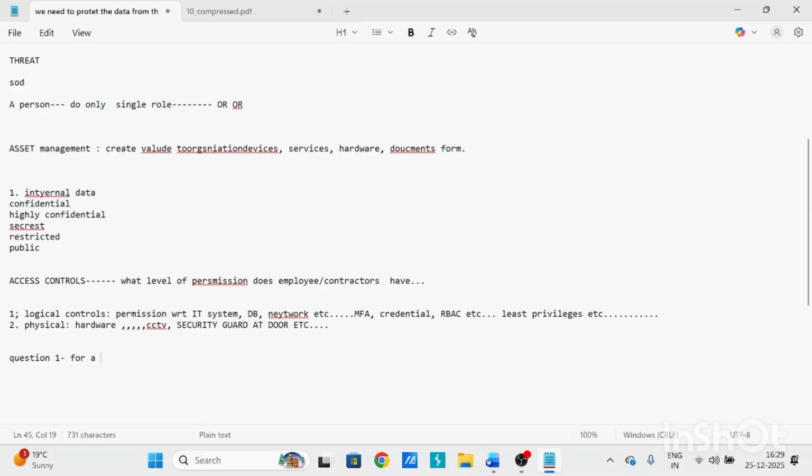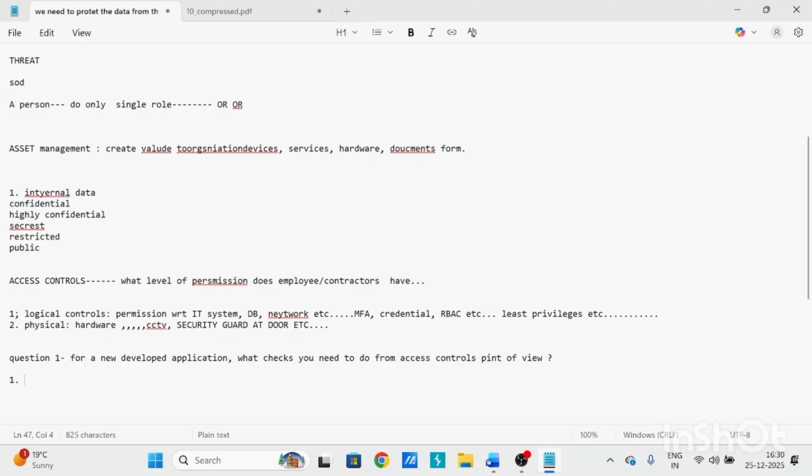For a newly developed application, what checks do you need to do from an access control point of view?